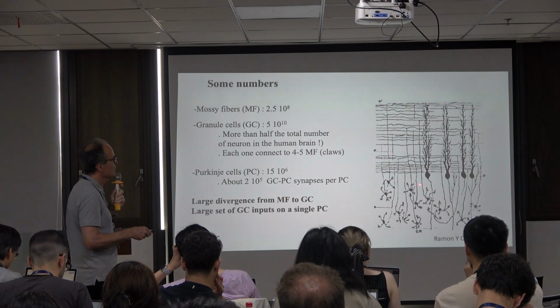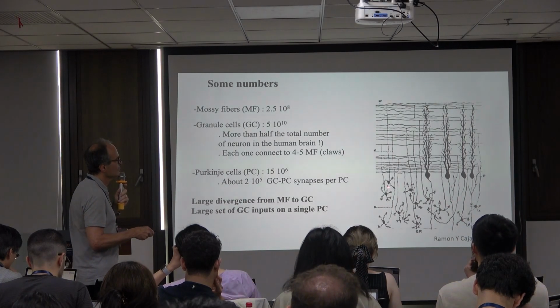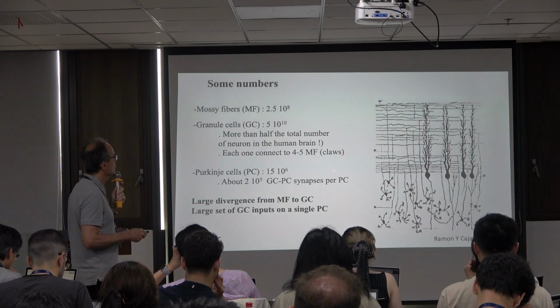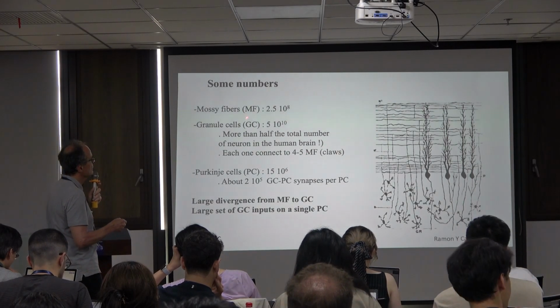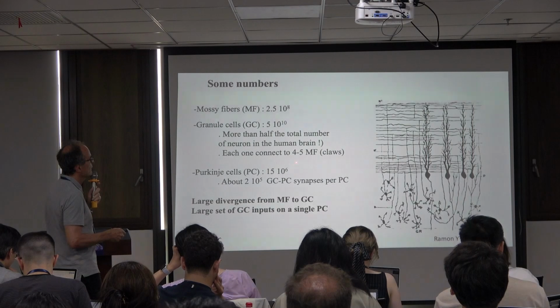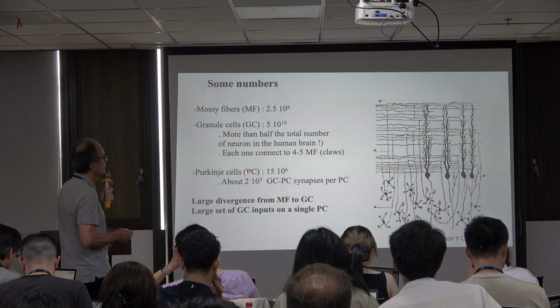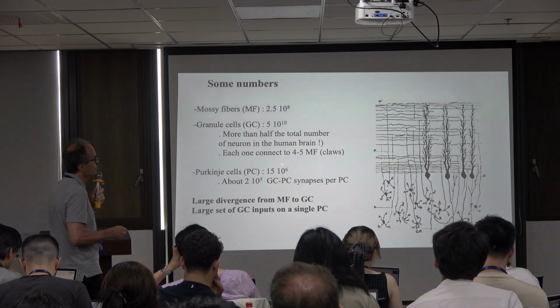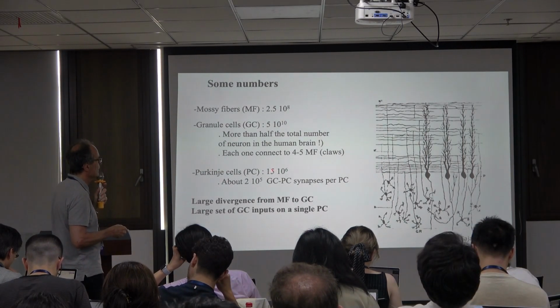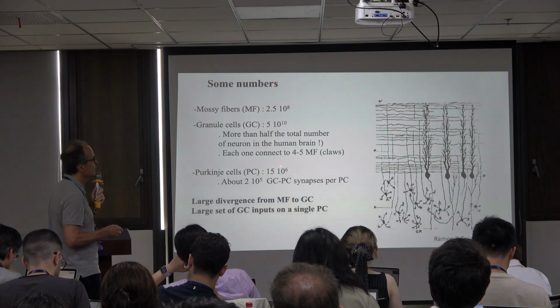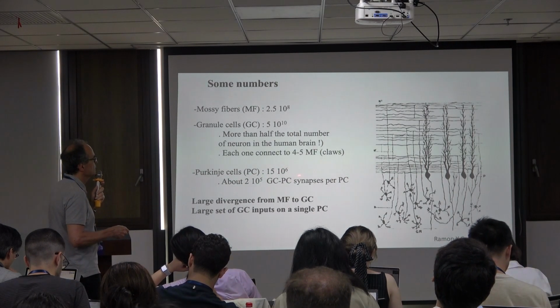So each of them connects to 4 or 5 fibers. And then you have this huge number, and it's transformed onto a much smaller number, so it's very compressed by the Purkinje cell. So there is a huge compression here.